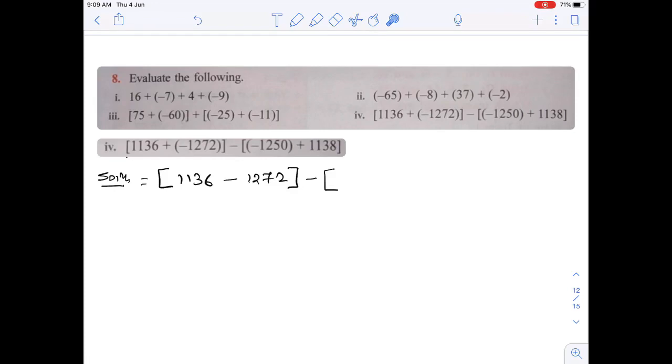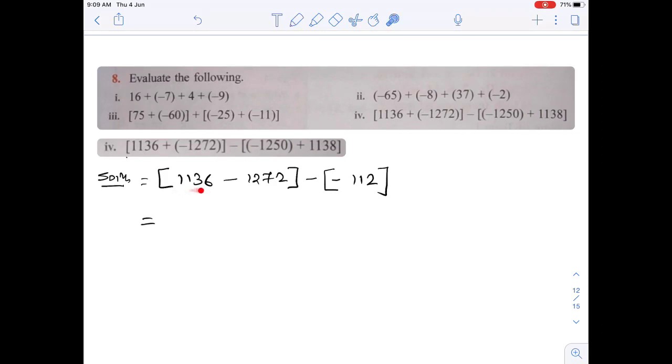So 1250 is negative, 1138 is positive, so we will do subtraction of numbers. Their subtraction is 112. Now you have to check that which number is greater. So 1250 is greater, so we will write sign of greater number, that is minus over here. Okay, now look at next step.